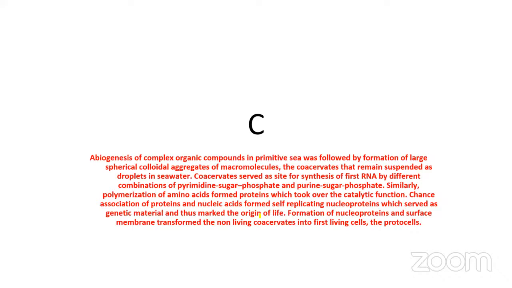Similarly, polymerization of amino acids formed proteins which took over the catalytic function. Chance association of proteins and nucleic acid forms self-replicating nucleoproteins which served as genetic material and thus marked the origin of life. Formation of nucleoproteins and surface membrane transformed the non-living coacervates into first living cells, the protocells.